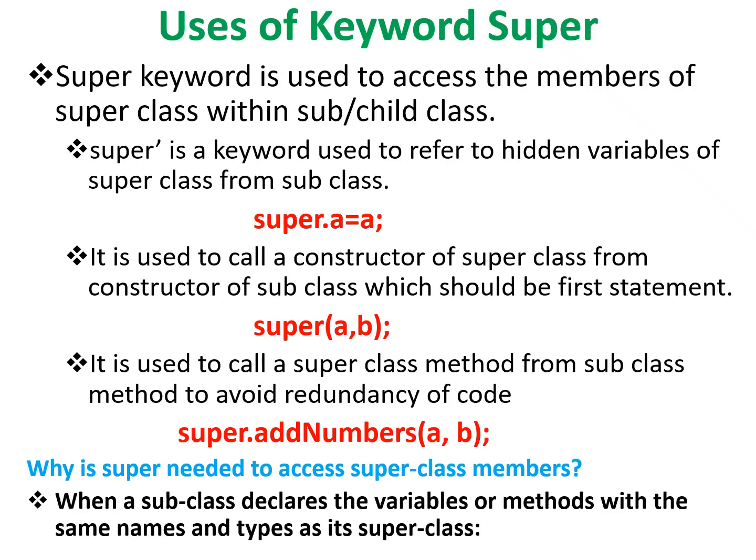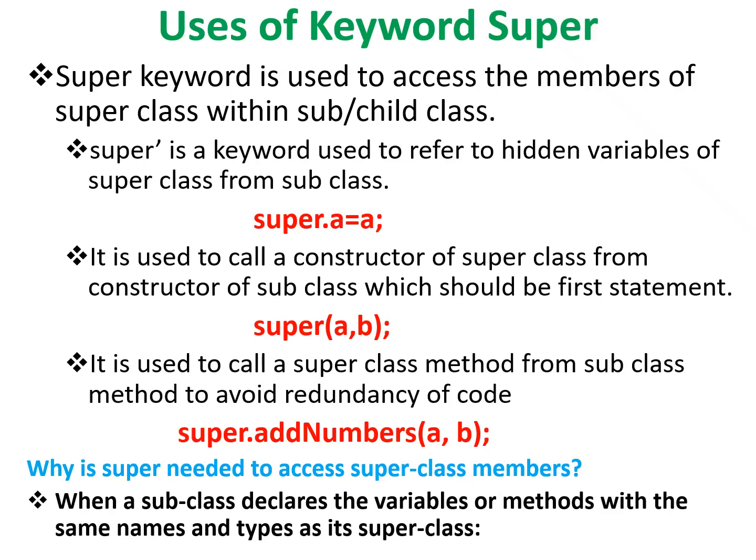It is used to call the superclass method from the subclass method to avoid redundancy of the code. In super.addNumber(a, b), addNumber is a method of the superclass with the same name present in the subclass.